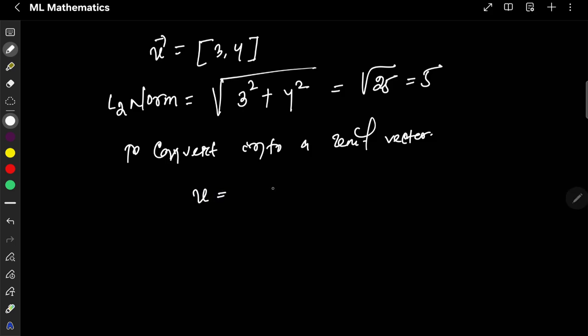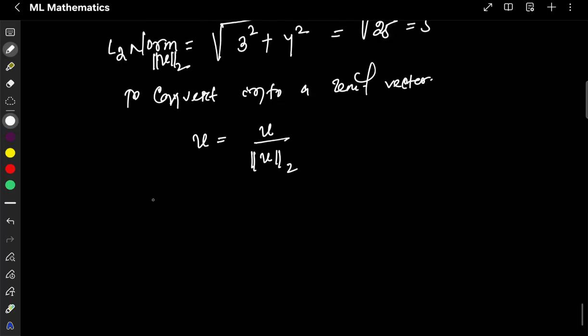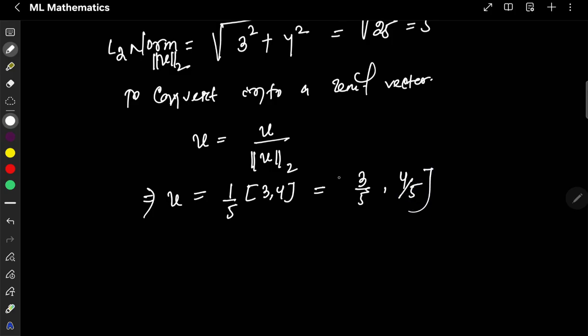I'm saying u is nothing but u divided by this L2 norm. Just remember the symbol, understanding it is pretty important. So u is equal to 1 by 5 times 3 and 4, which is 3 by 5, 4 by 5.